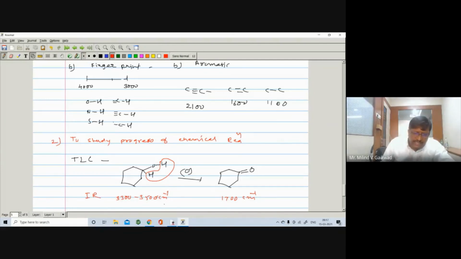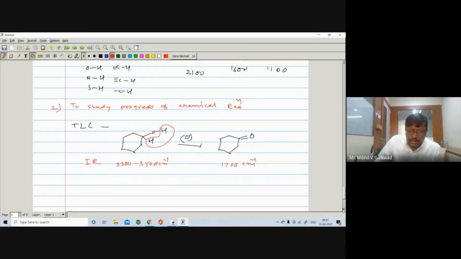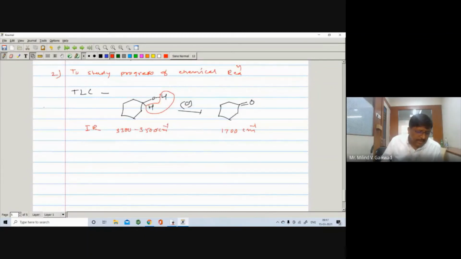In the previous case it was at 3300, but in the second case, in the product, we have a band at 1700, and there is an absence of the previous band. Here we can say that we can monitor the rate of reaction, we can monitor the progress of the reaction.